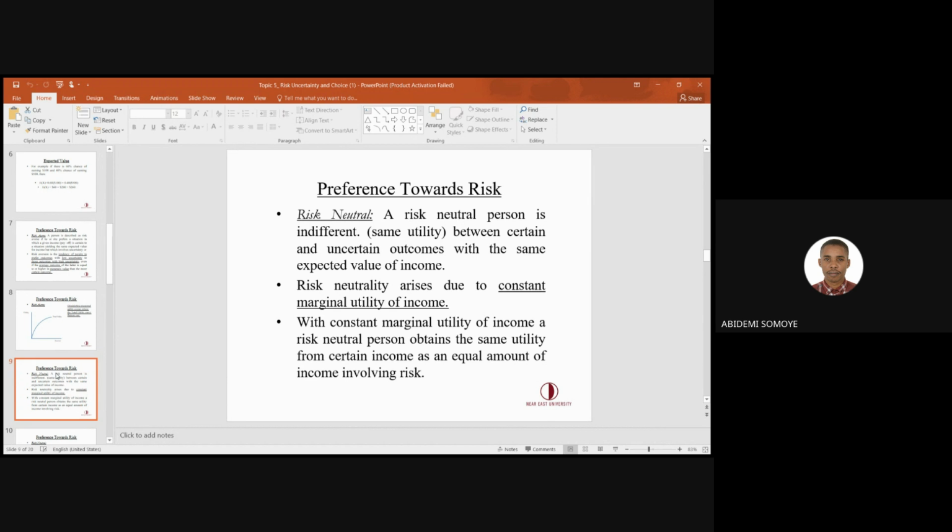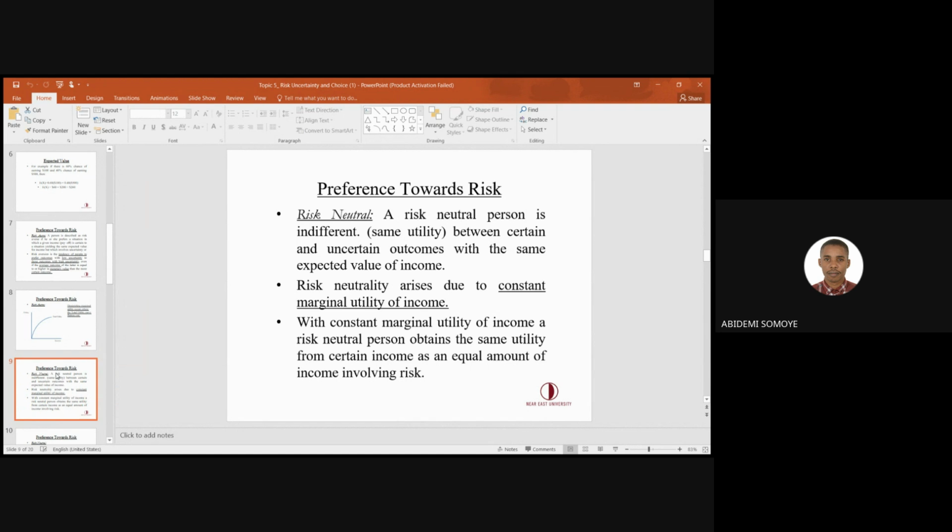So we say such an investor or such a person is in between, is indifferent. Okay, he can invest or he might decide not to invest. He doesn't lose anything. His feelings as regards the two options are indifferent. He doesn't mind investing and he doesn't mind not investing.